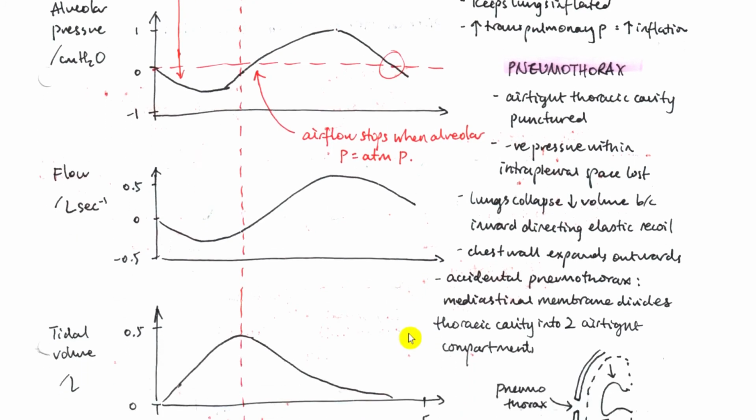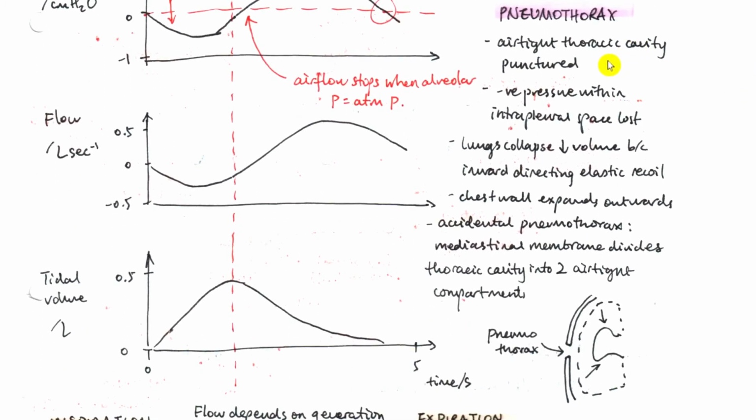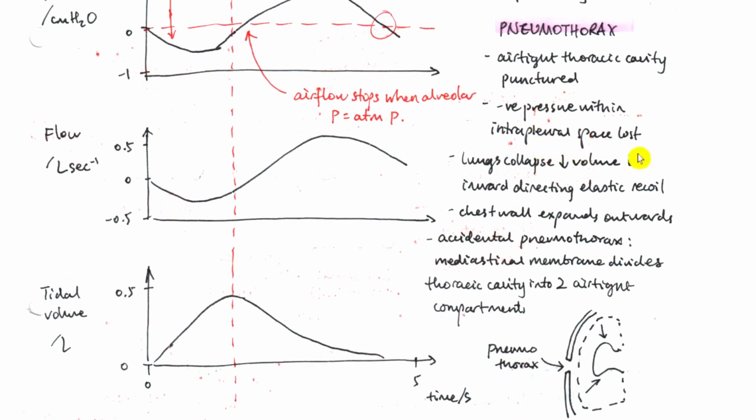Now, pneumothorax. So I said that all of this depends on the thoracic cavity being airtight, basically, because the intrapleural pressure changes need to transfer to the alveolar pressure changes. But if the airtight thoracic cavity is punctured, so for example, if someone gets a stab wound, then the negative pressure within the intrapleural space is lost.